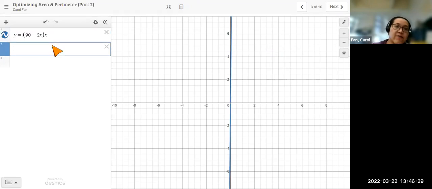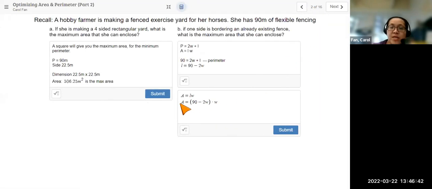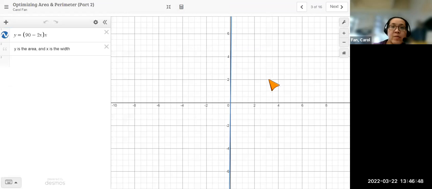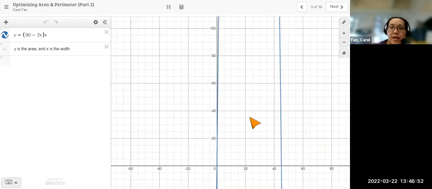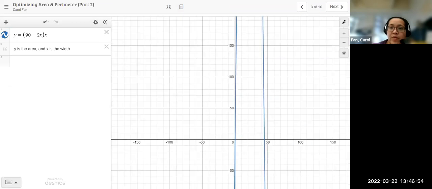Okay, let's just define our variables. Y is the area and x is the width. So I got these variables just based on here. This is my y and these are my x's. Now we have to see where we're going to get a maximum. And we have to zoom out a bit.